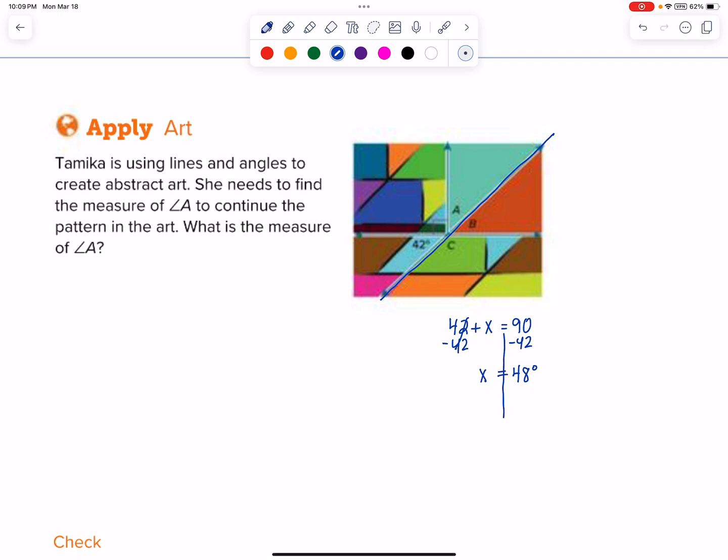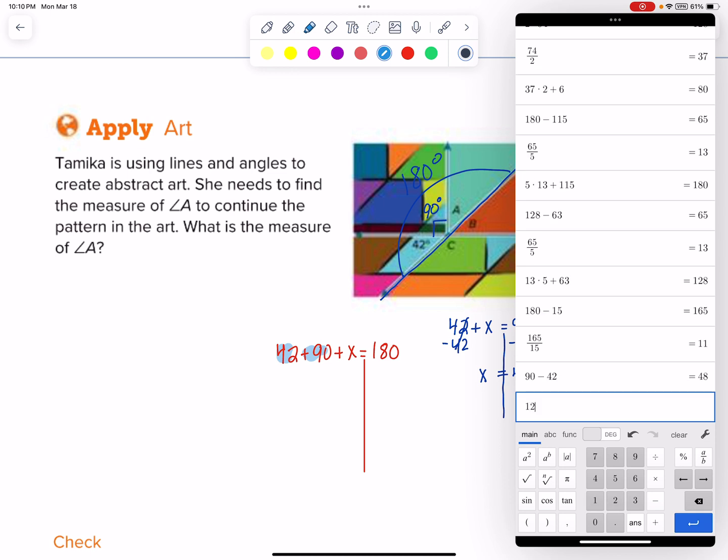I see a straight line here. So I know this whole thing is 180 degrees. Okay, I also see this little box here that says this is 90 degrees. And so the other thing I know to be true then is 42 plus 90 plus x equals 180 degrees, okay? And so we can go ahead and solve this. But before I start moving stuff around, I have some like terms, right? The 42 and the 90. So we can go ahead and combine those.